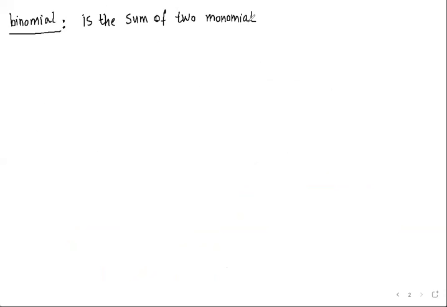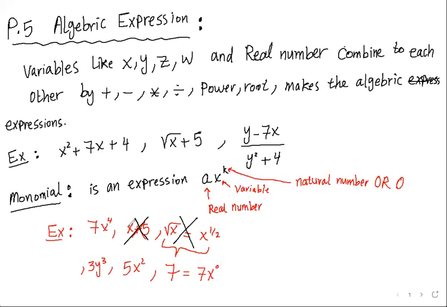What does that mean? If I have a monomial plus another monomial. Like who gave me last time this example? Here, monomial x plus monomial. This is called a binomial, but it's not a monomial. x plus 5 is a binomial, but it's not a monomial.